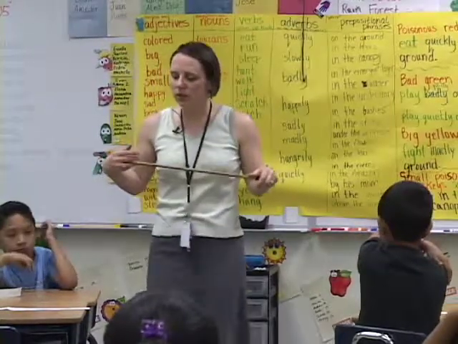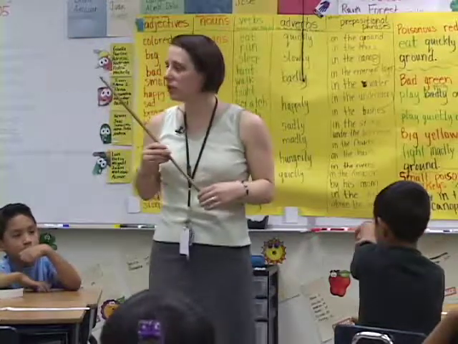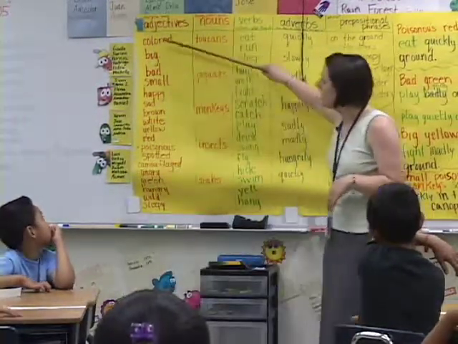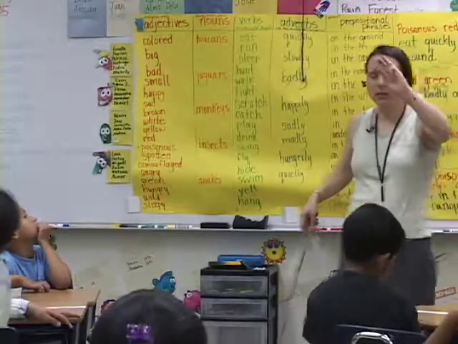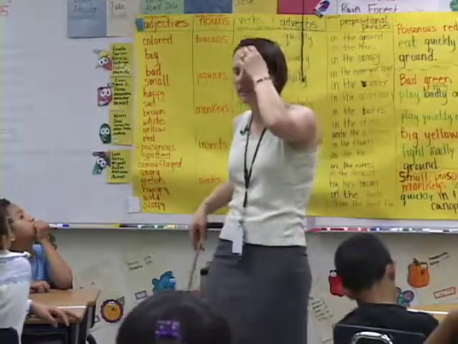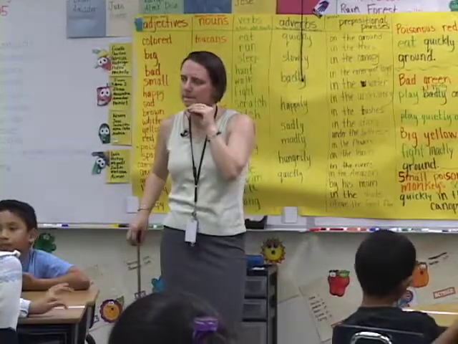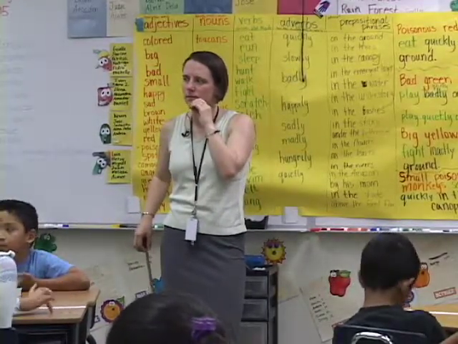Okay, what we're going to do now is I'm going to pull out your English journals, your rainforest journals, and you're going to pick 3 sentences. What's a sentence again? What does a sentence have? Kevin? It has a capital on the first part.